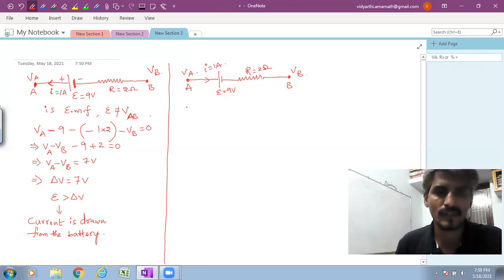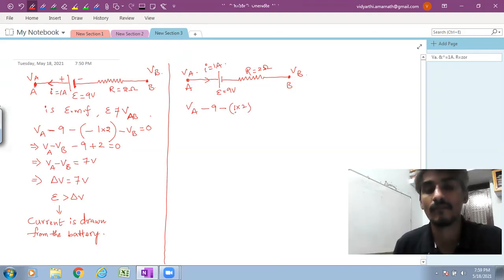Then how do we write it here? VA minus 9 minus 1 into 2. Previously we took minus 1 into 2; here we are taking plus 1 into 2. Minus VB is equal to 0.